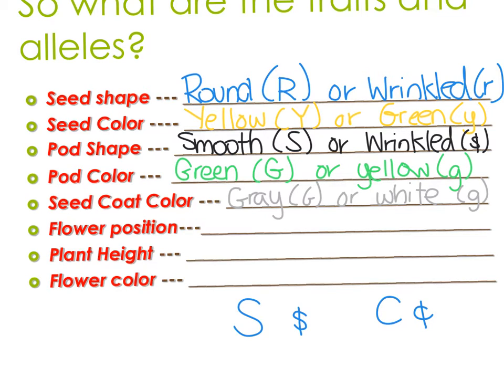For flower position, we said that the flowers, they could be axial, which would be capital A, or they could be terminal. Axial means on the stem or around the axes, whereas terminal refers to at the top or the terminus.